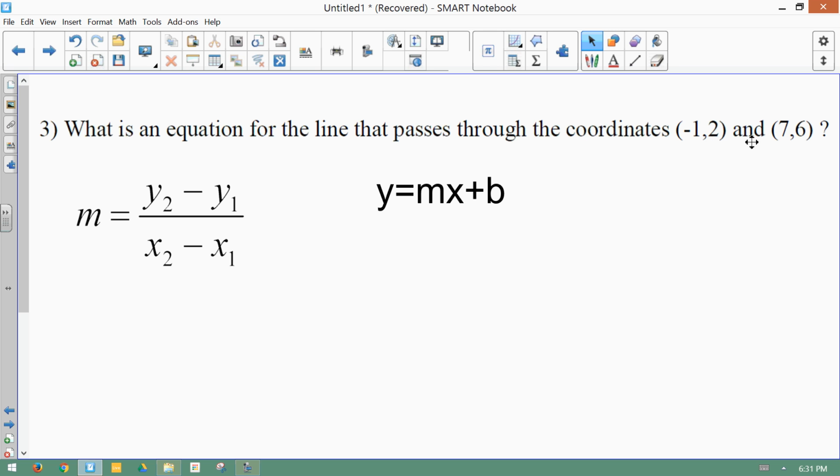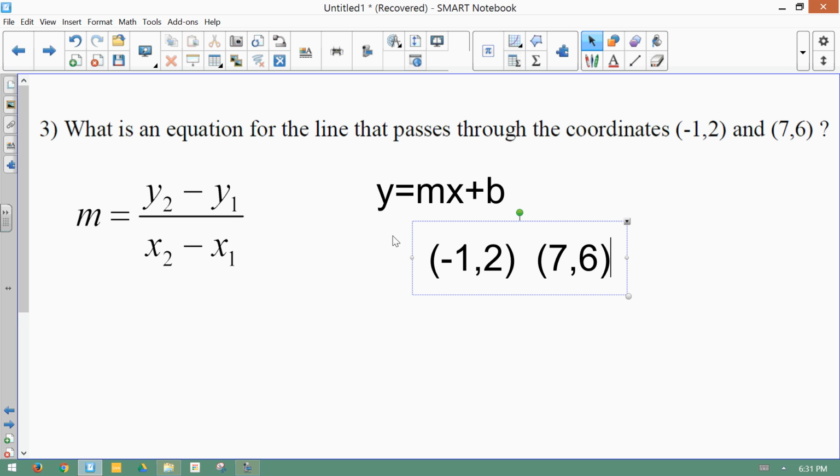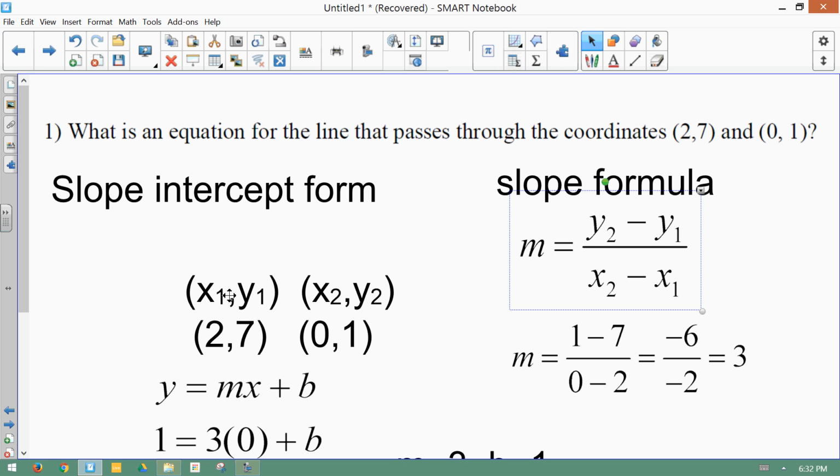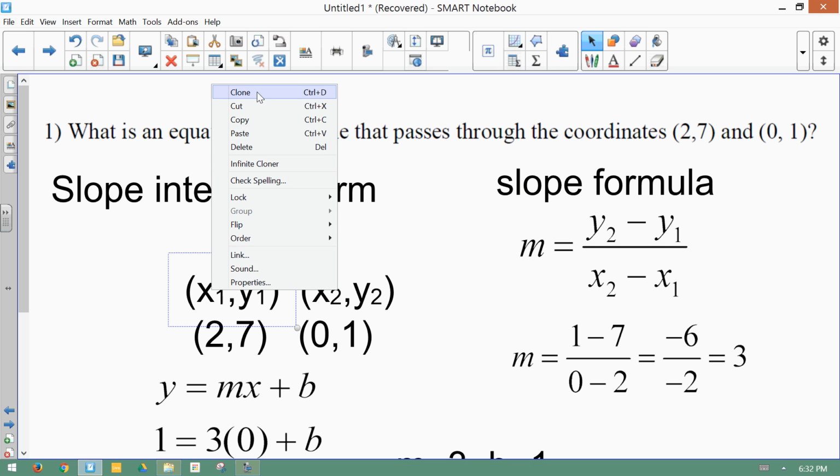Let's do our substitution. Let's write our points. All right, we got a -1, 2, and we got 7, 6. All right, and let's go ahead and grab our x1. Let's look at this.